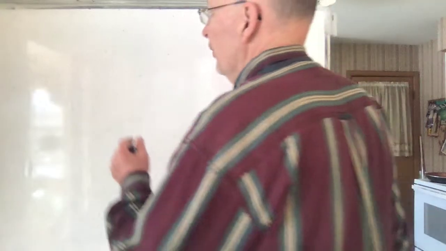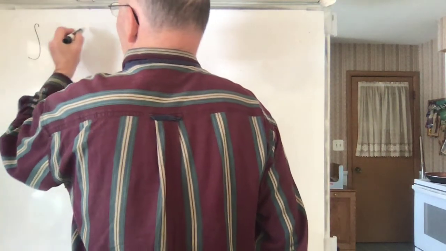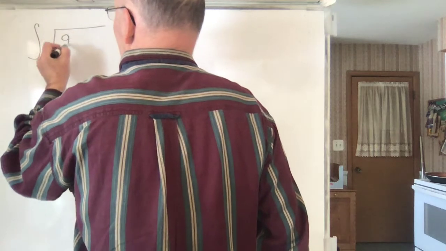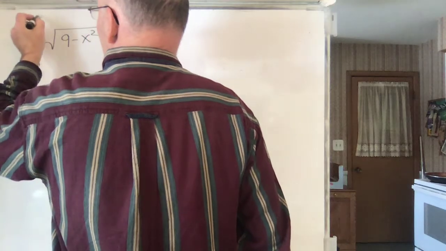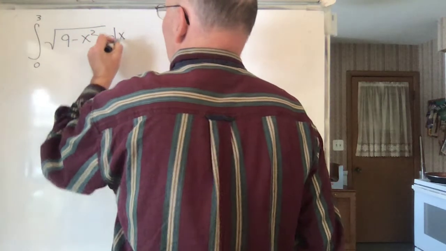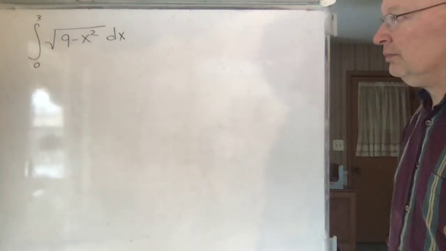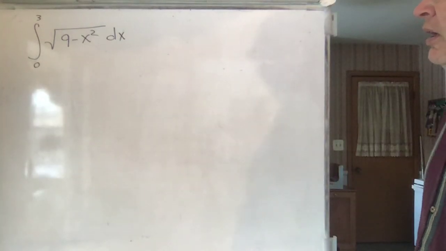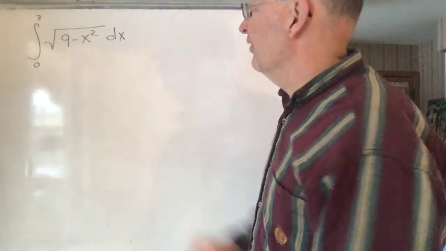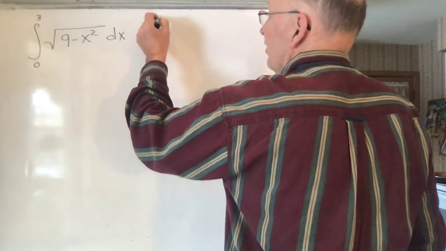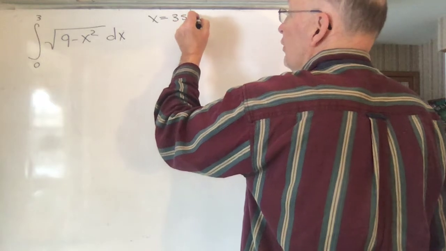Okay, so suppose we have this. Okay, let's do this one. First of all, you notice you have a minus there, so I'm going to say let x be equal to 3 sine of u.